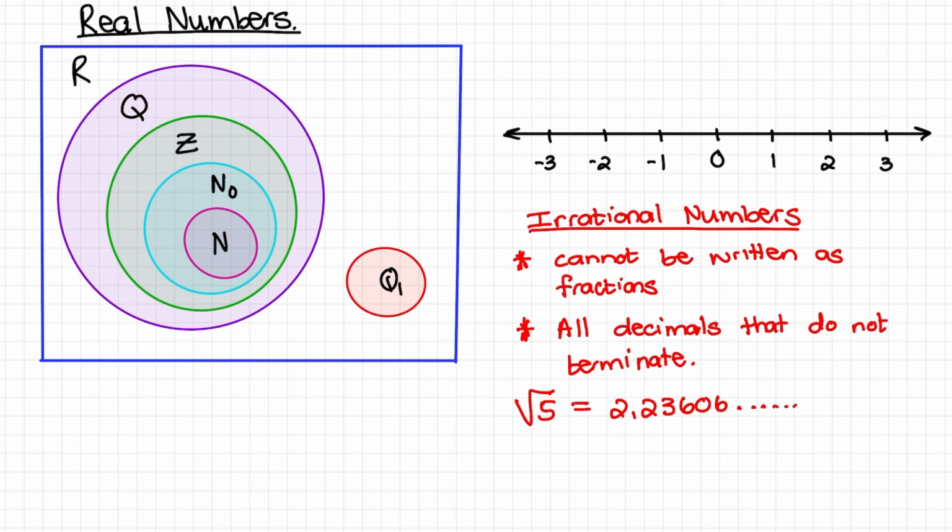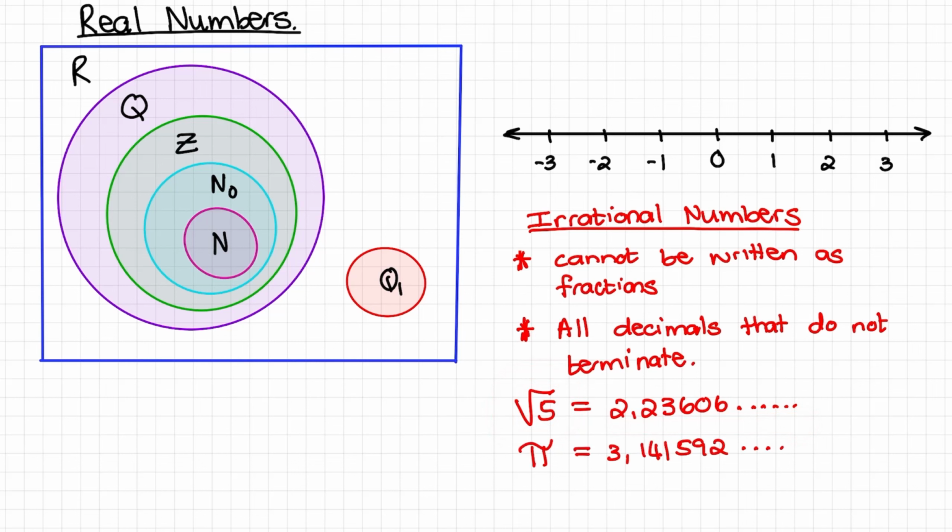But we also can see that the square root of 5 will exist somewhere on the number line between 2 and 3. So because this value can exist on the number line, it is considered a real number, but it is irrational because the decimals do not terminate.